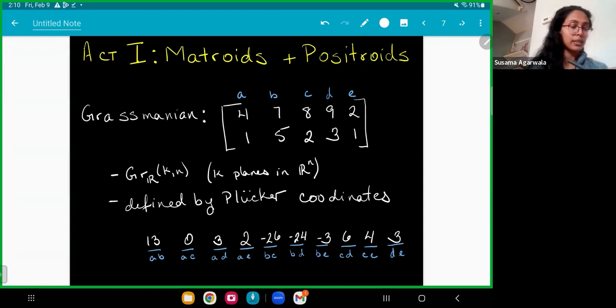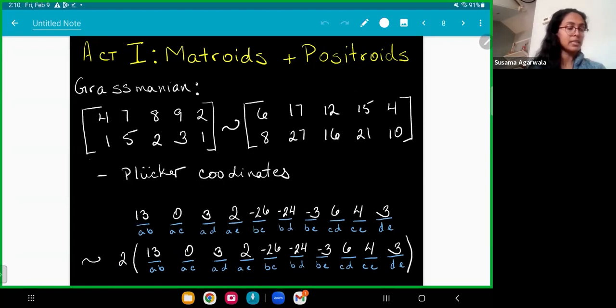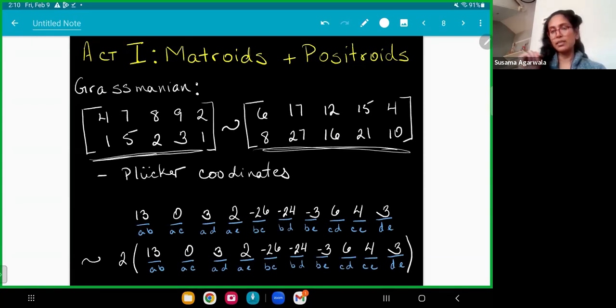But earlier, we said that this matrix and this matrix both represent the same point in the Grassmannian, the same 2-plane in Rn. So that's a problem, right? Because when I do the minors of this matrix, I end up with that factor, and when I do the minors of this matrix, I end up with that factor.